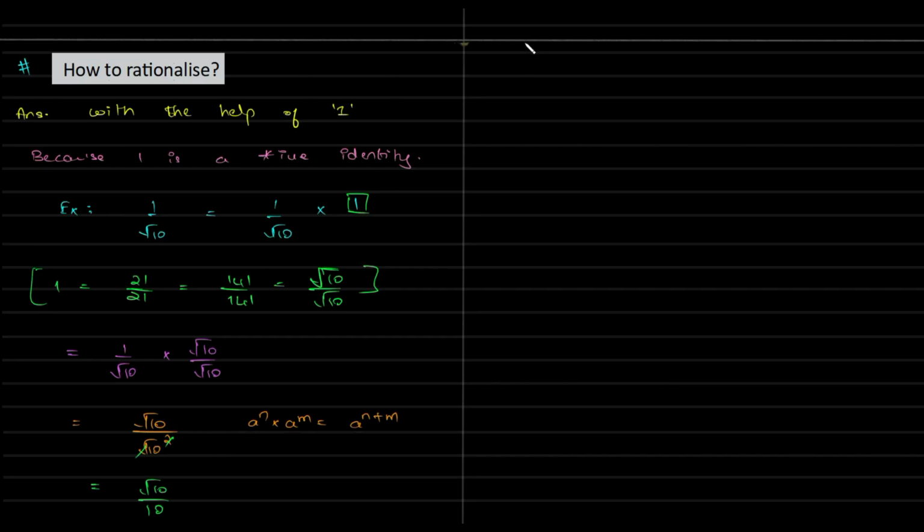A small note for people who get confused with all of this. The root of any number a is nothing but a to the power of half. So root of a the whole square is a to the power of half into 2, as per this formula.